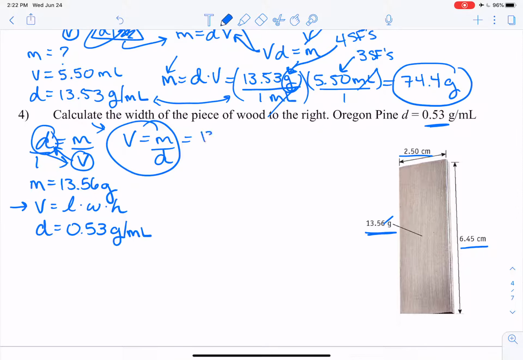So we've got 13.56 grams, and we're going to divide that by 0.53 grams per milliliter. Okay, what cancels out? What do we have that's the same on the top and the bottom? What we have is grams, so we're going to cancel out the grams.